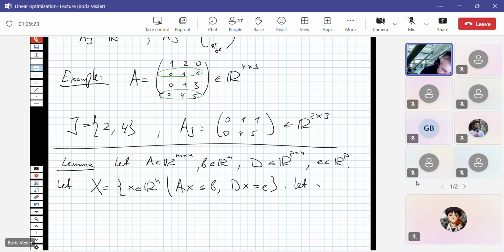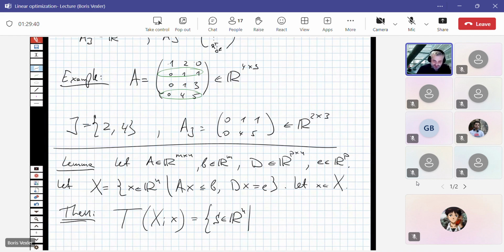Linear equality and inequality constraints. And let some small x be an element of capital X. Then the tangential cone of capital X at small x is equal to the set of all directions s in Rn such that if we take the matrix A and consider only the rows corresponding to the active index set of x, again this calligraphic A of x was the active index set, meaning only the rows corresponding to active constraints at the point small x, and this multiplied by s should be less or equal than 0, and D multiplied by s should be equal to 0.